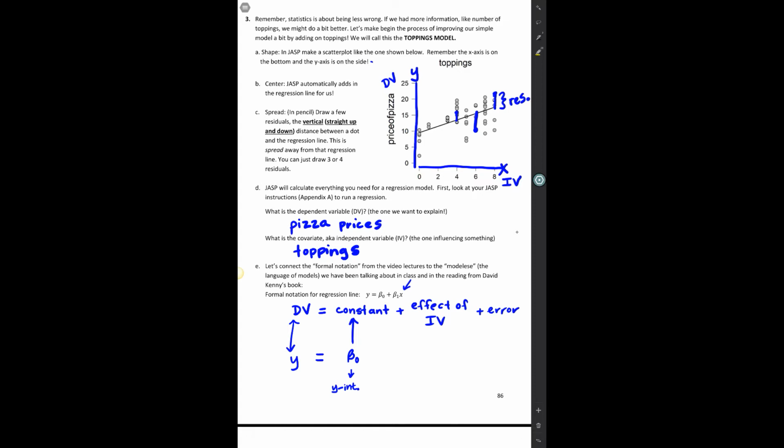What I mean by the y-intercept is this is the value where our regression line crosses the y-axis, where x equals 0. So it's important to remember that this constant represents the y-intercept, or the value that we would get for y if x was equal to 0.